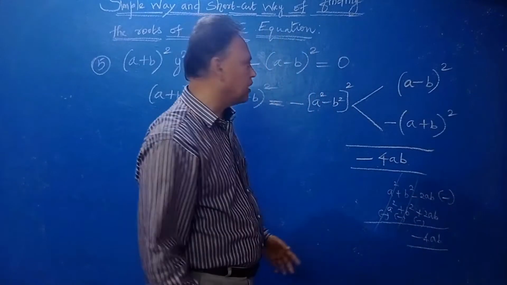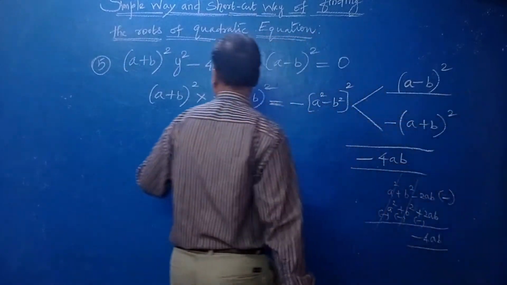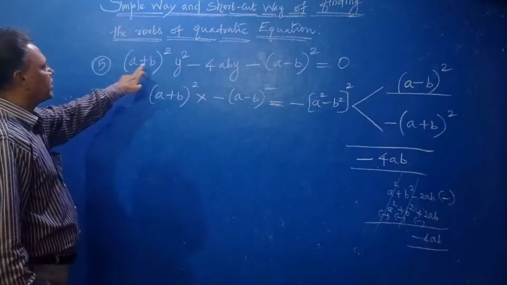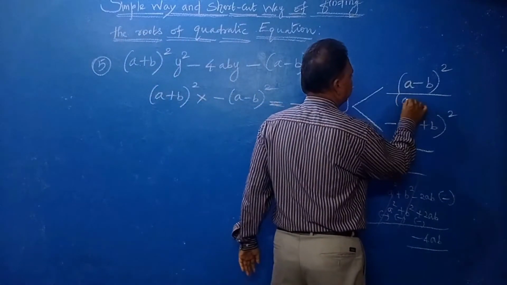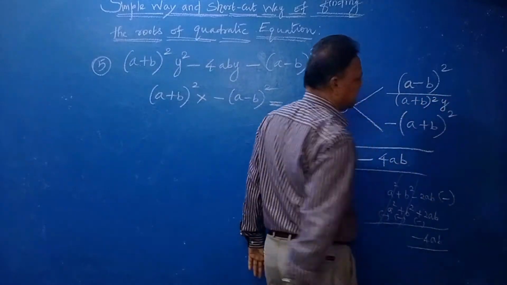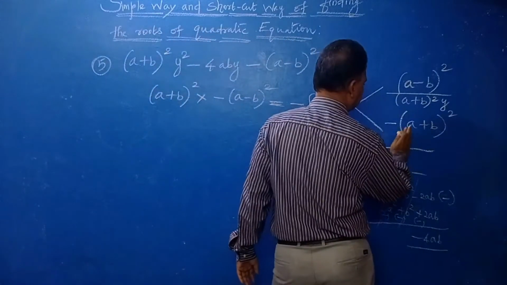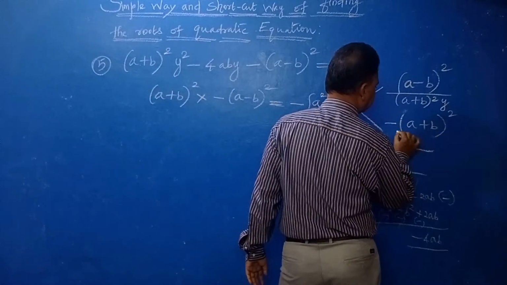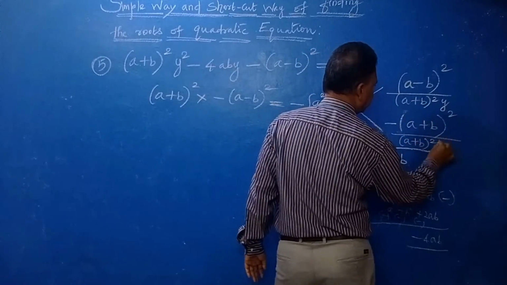That's all over. Now you write the y² coefficient. What is the coefficient? (a+b)² into y. Always you write into y. Here also you write (a+b)² into y.